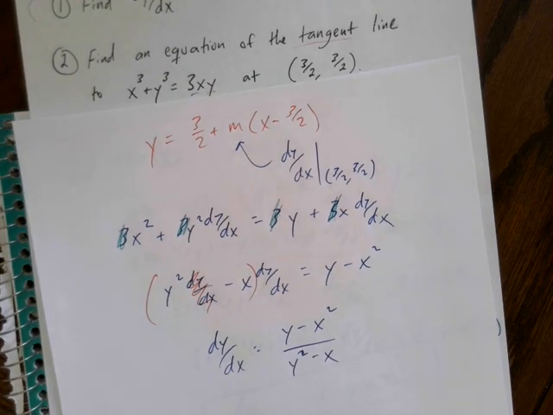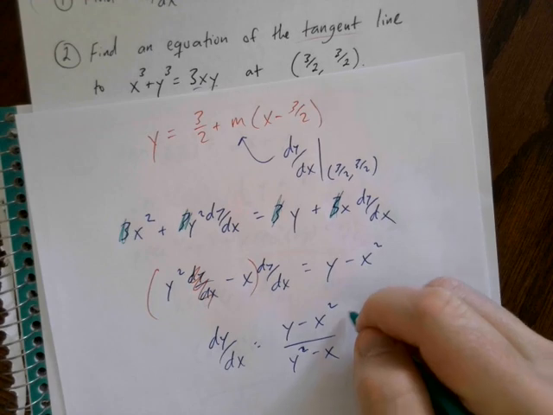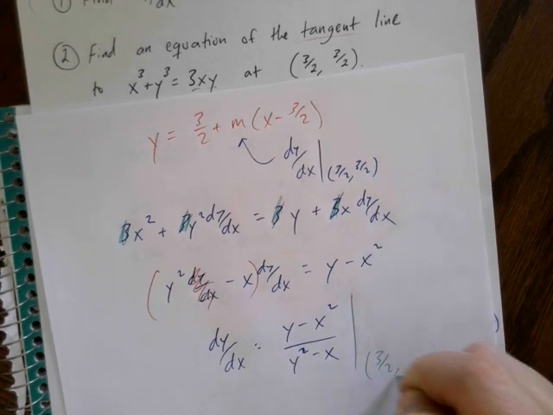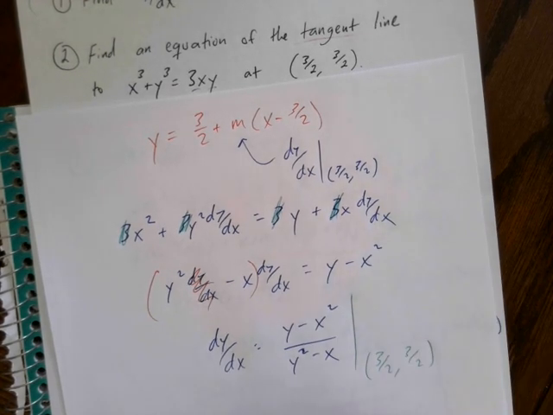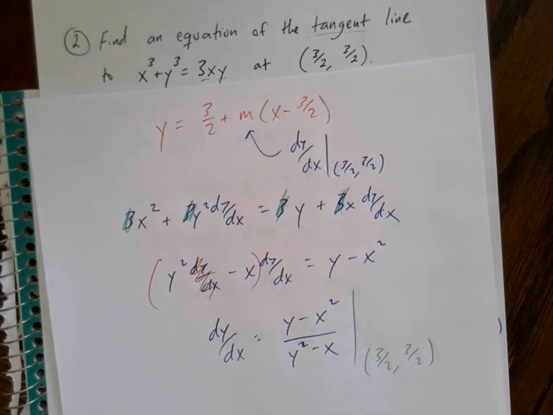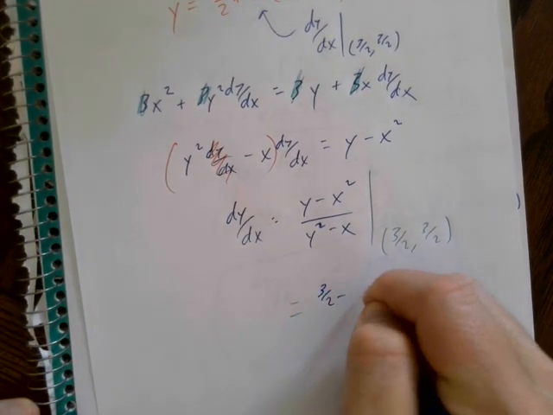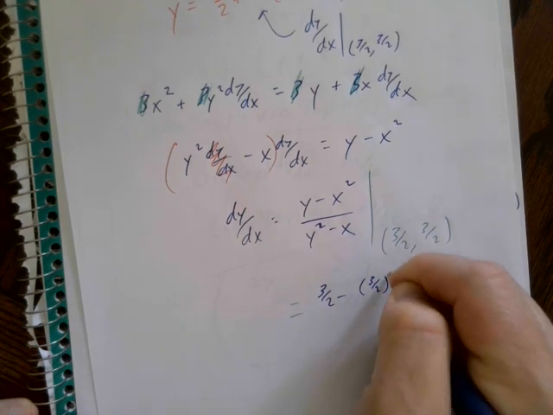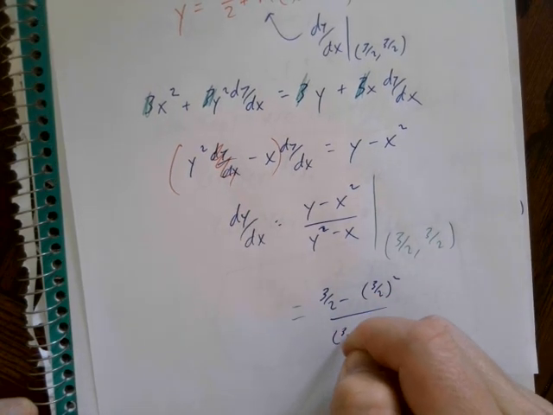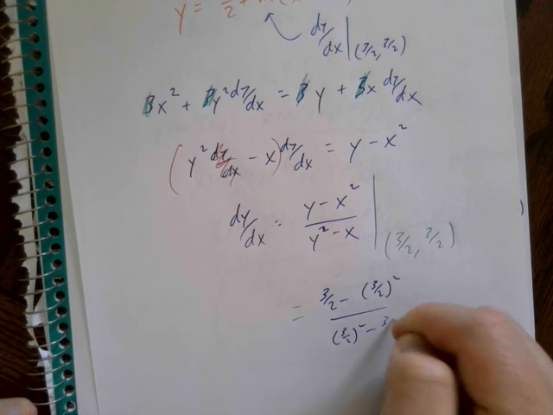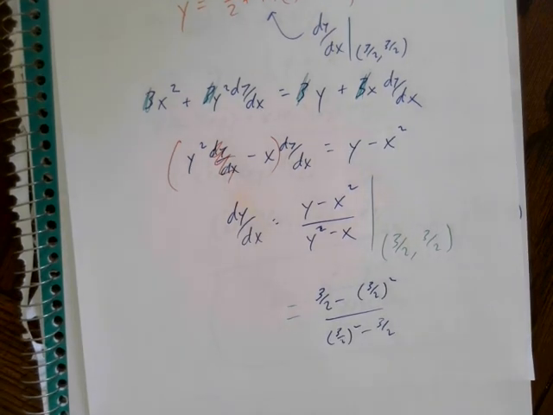So that's my derivative. It's in terms of two variables, so I plug in both 3/2 for x and 3/2 for y. Doing that gives me 3/2 minus 3/2 squared over 3/2 squared minus 3/2. Simplify that whole mess up, and it gives you -1.